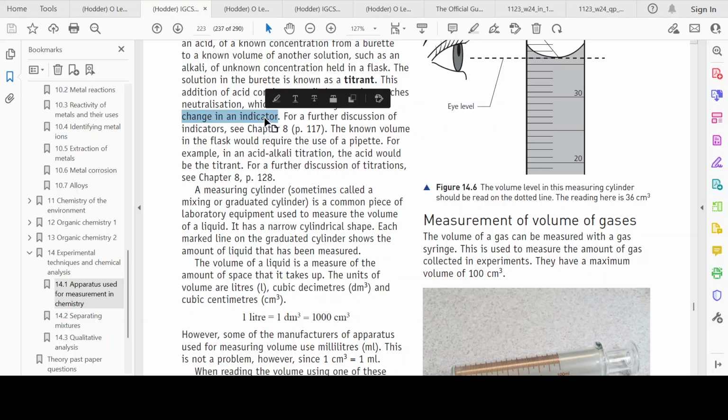You could technically use a measuring cylinder to get 25 ml, for example, of the alkali, but the pipette is more accurate. Because it deals with moles and concentration, you want to be as accurate in your measurement of volume as you possibly can be.